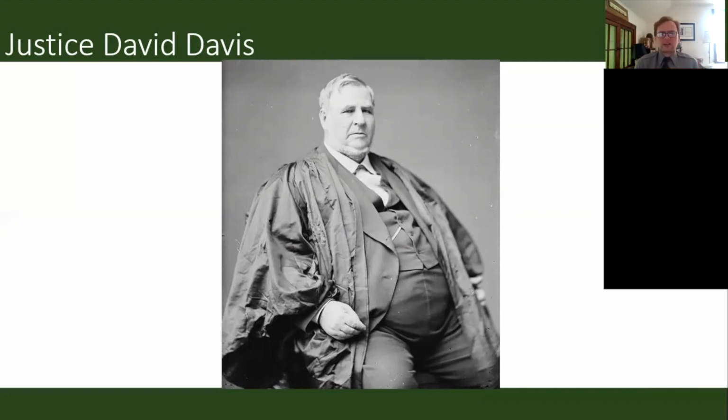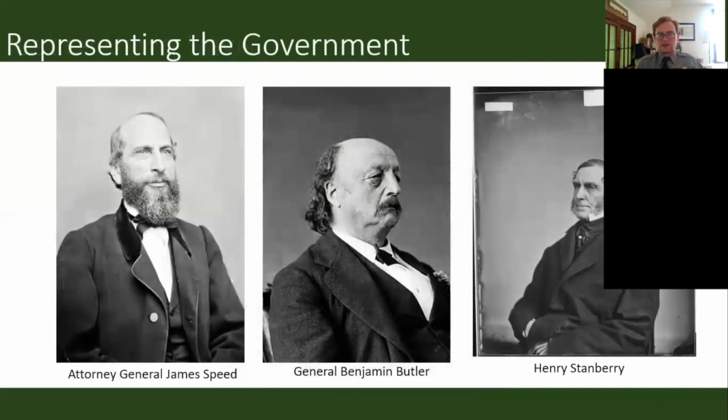It was universally accepted as an interesting case, and the court assigned 7 whole days for oral argument. This wouldn't be an easy argument, though. Both sides would step up with the best legal teams they could find. The government had prominent lawyers, including Attorney General James Speed, whose principal qualification, however, seemed to be that he was the brother of a close friend of Lincoln's in Kentucky.